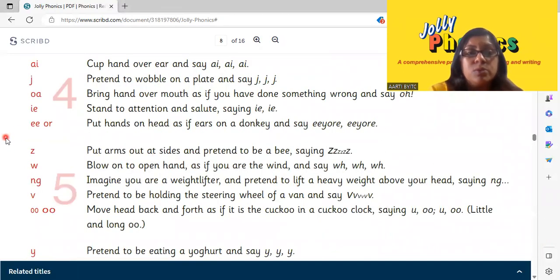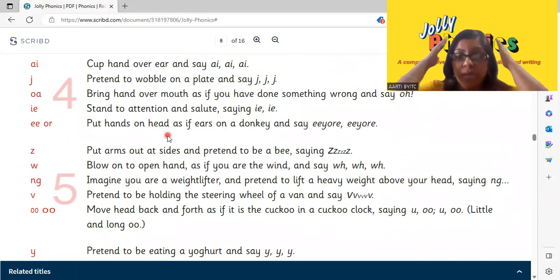So EE and OR. These are two different sounds, but we are here understanding them with the one action that you have to put hands on the head as if ears on a donkey, and you are saying aor, aor.